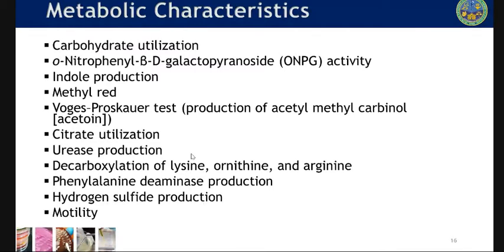Another is your orthonitrophenyl beta-D-galactopyranoside or ONPG activity, indole production, methyl red, Voges-Proskauer, citrate utilization, urease production, decarboxylation of lysine, ornithine, and arginine, phenylalanine deaminase, H2S production, and then motility.